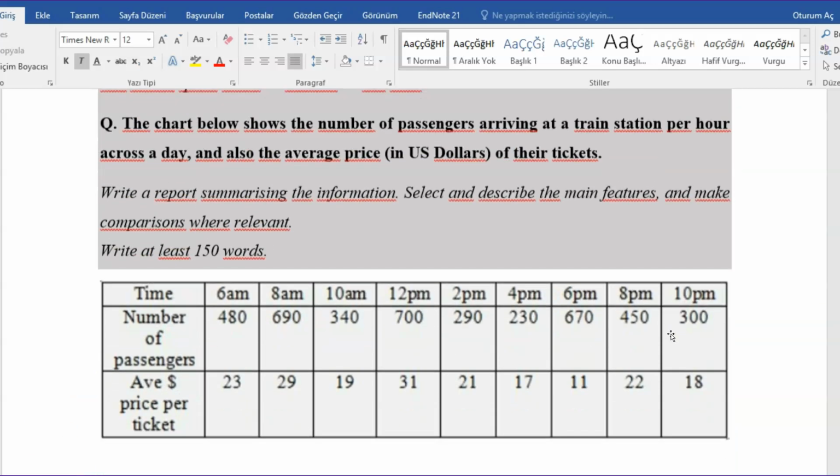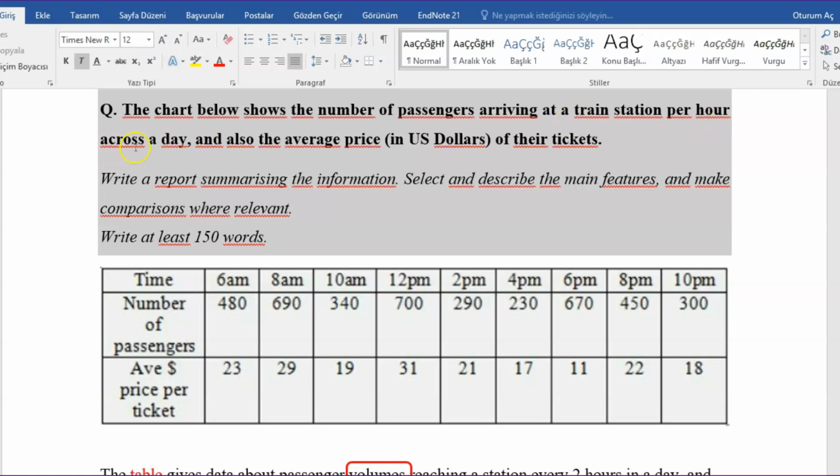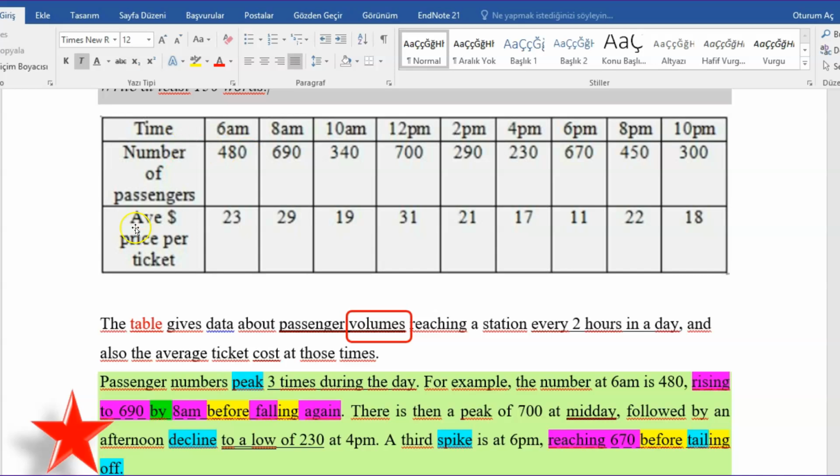We changed "per hour across a day" to "every 2 hours in a day", and also the average ticket price, the ticket cost at those times.